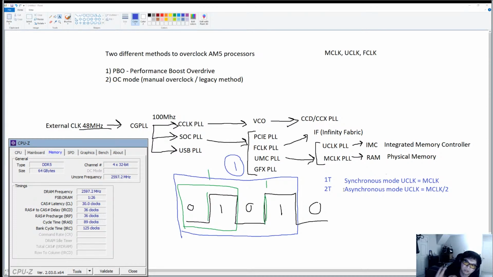And if you were on 2 DIMMs, you could do 3200 megahertz if you were lucky. But then again, you had to buy Samsung B die, and it was very hit or miss with the silicon lottery in terms of whether or not you got a good IMC. So that's kind of how it is with this new AM5 platform.